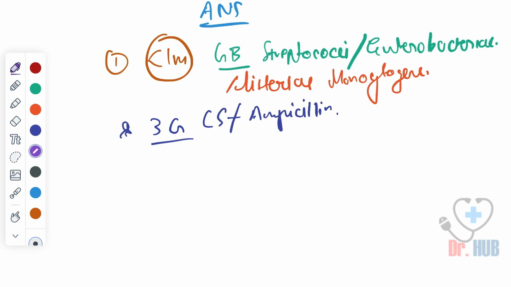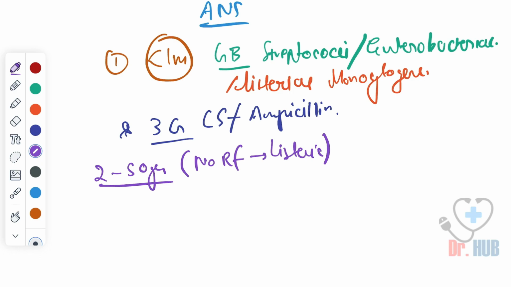The next question we asked was in case of the ages 2 to 50 years. Another thing to note is that there are no risk factors for Listeria. In such cases, what are the bacterial pathogens?